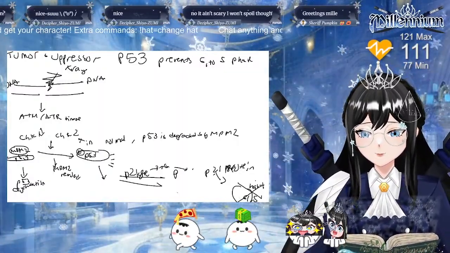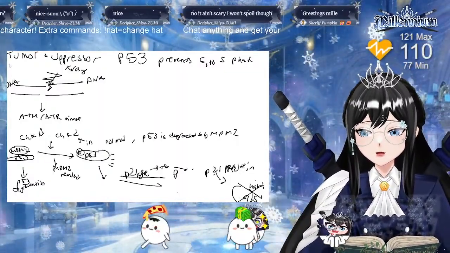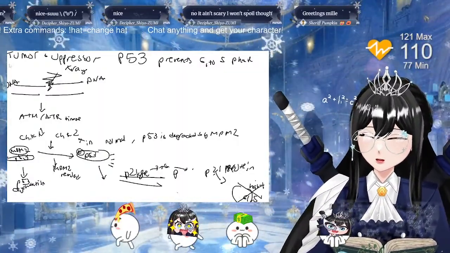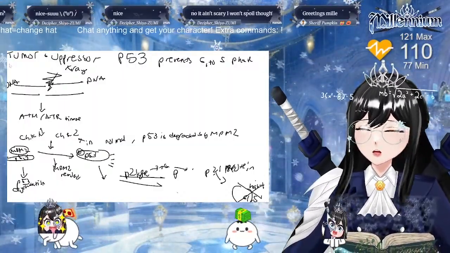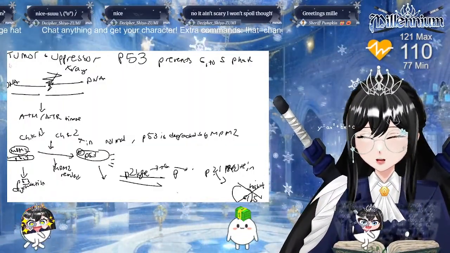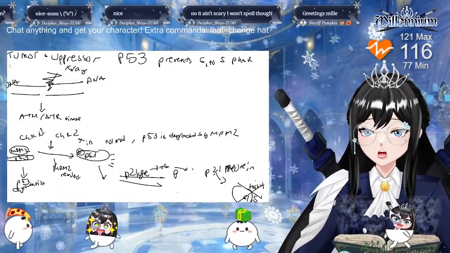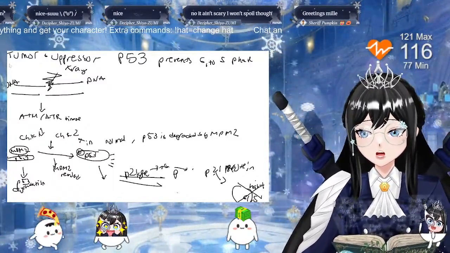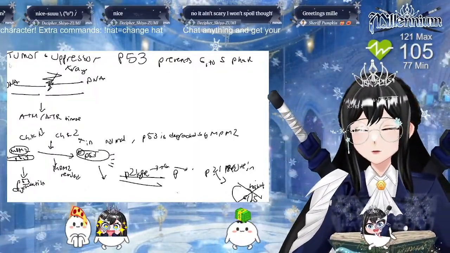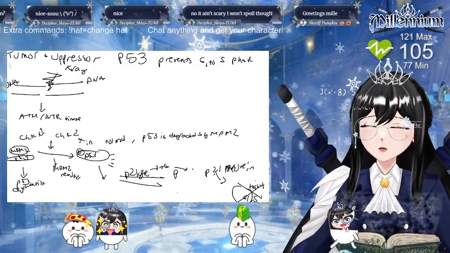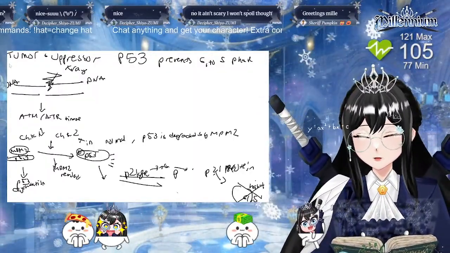So again, if you have DNA damage, then that DNA damage will lead to ATM and ATR phosphorylation, which leads to your CHK1 and CHK2.